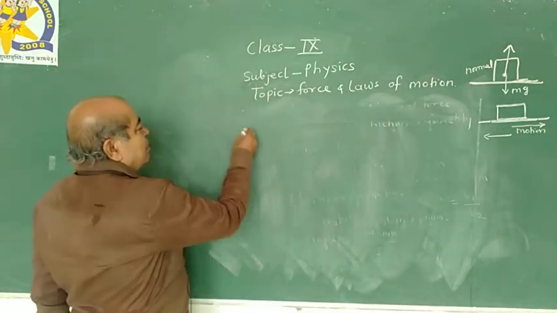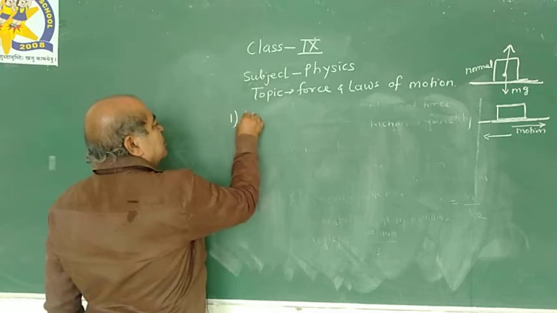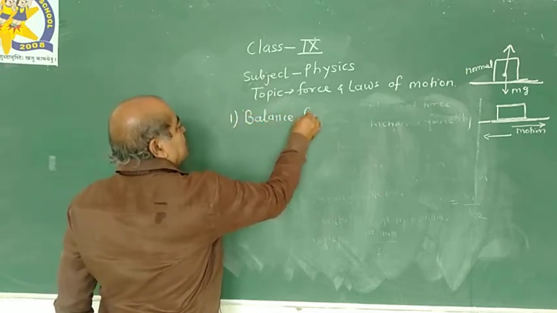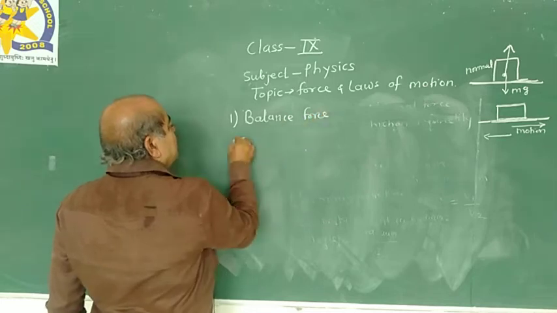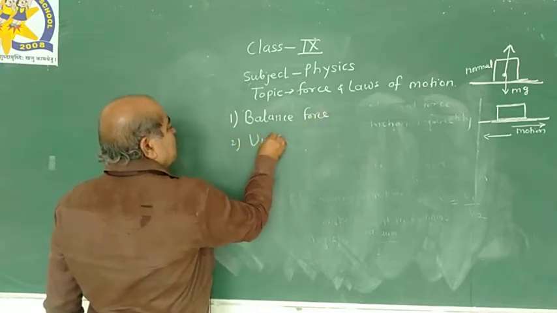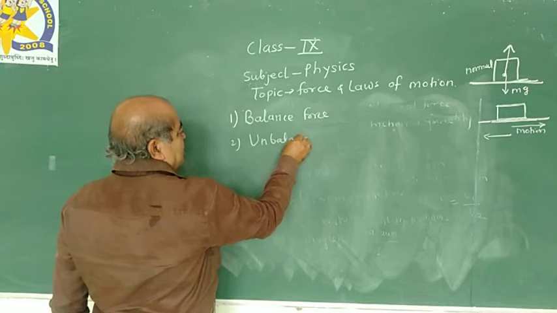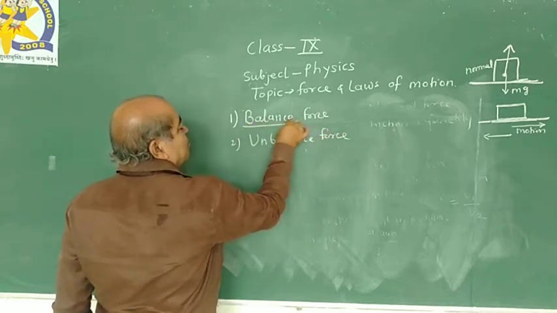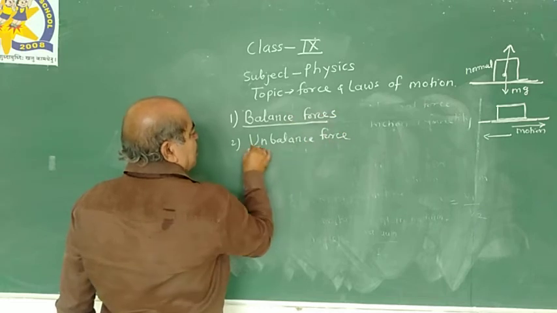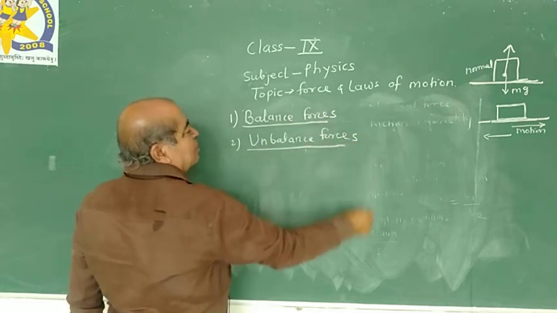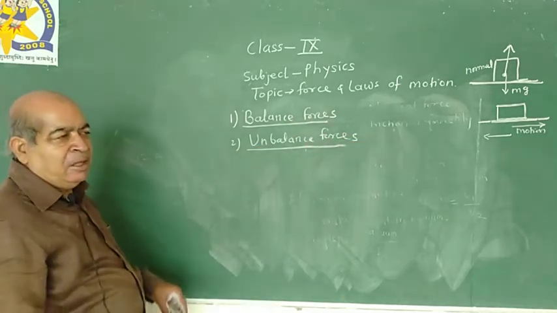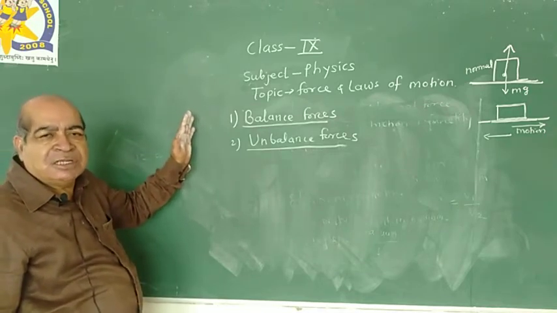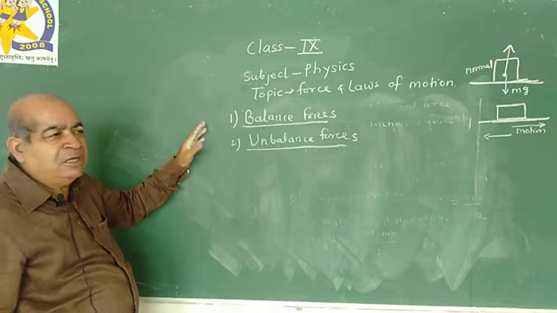One type of force is called the balanced force, and the second type of force is unbalanced force. These are explained in your book, what is meant by balanced forces and what is meant by unbalanced forces. So there are two types of forces acting on the object.